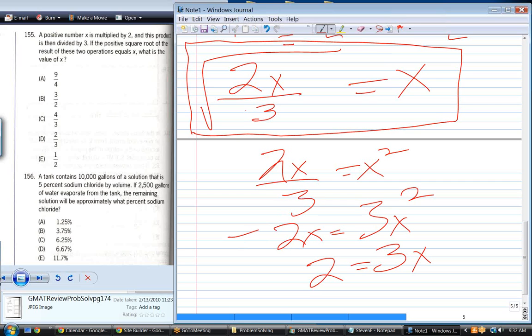I don't even know what that means. Why is that dangerous to do? Because you can't divide by 0, and if x equals 0 is one of the solutions, you're going to lose it when you divide by x. Notice that the only solution we came up with was x equals 2/3. And yet, clearly, 0 works for x here, or here, or here.